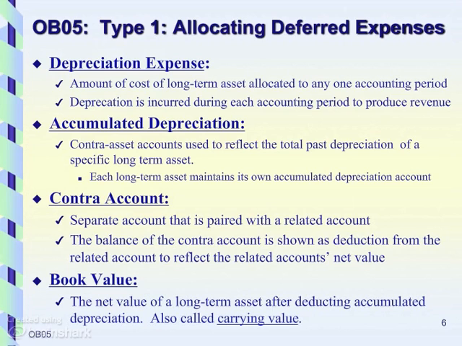And simply stated, the equation for the book value is the cost of the original asset minus the accumulated depreciation. Assets are reported on the balance sheet at their net book value, and then accountants reflect the cost and the accumulated depreciation in a footnote in the financial statements.